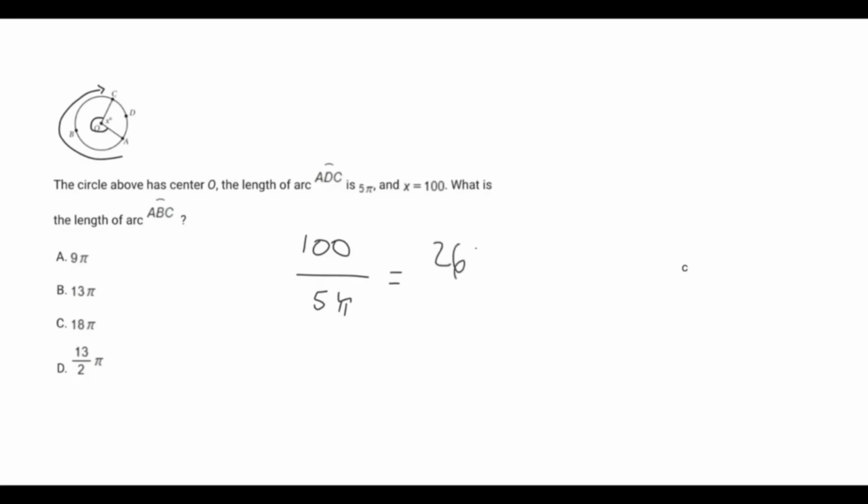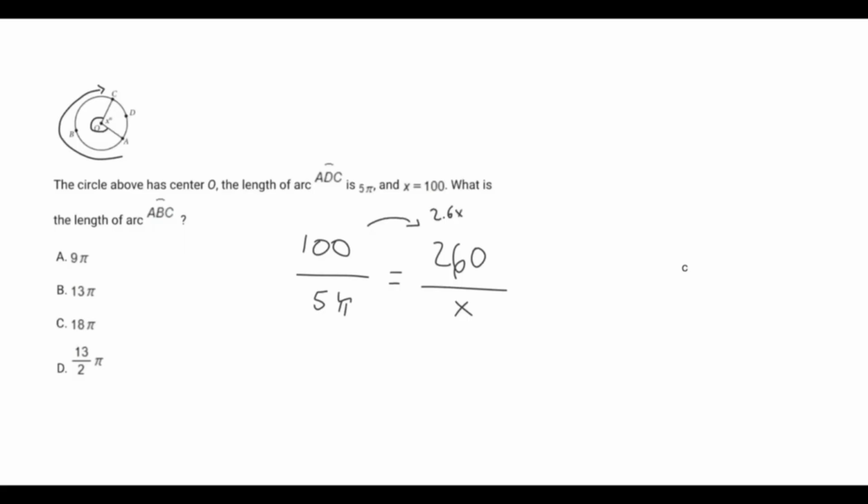So this will go on top. And so now we can actually pretty easily figure out what our length of arc ABC is by just finding this corresponding value, right? So to do this, we have to do some simplification, or we can just find the factor actually, right? So from 100 to 260, that is a scale factor of 2.6x, or 2.6 times.